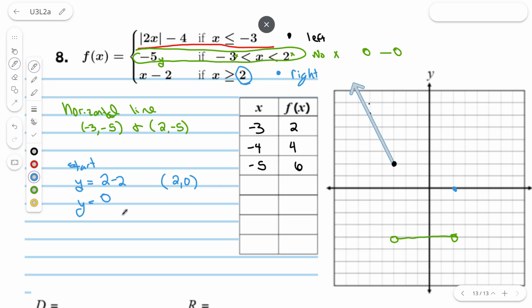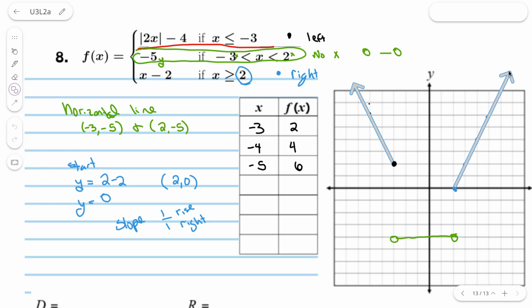And my slope is 1/1. And so if I'm going right, that means I need to rise in order to keep that as a positive slope. Drawing my line. And I had that closed dot at the end. And so I have an arrow going to my left.